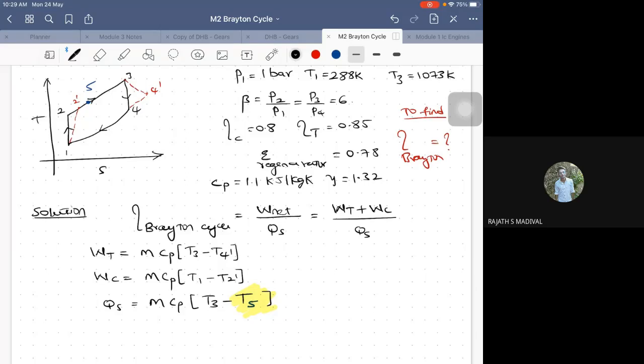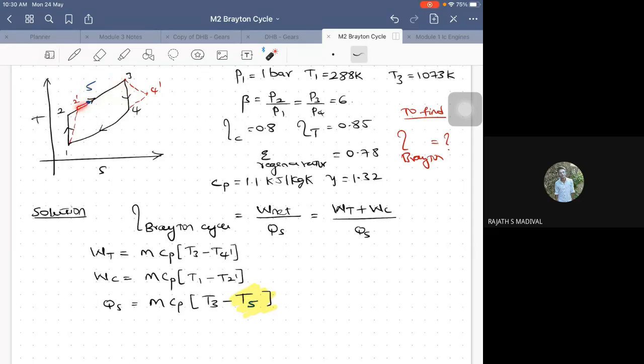So you were all right in saying that generally, what we used to take during the heat supplied, we used to take from T3 to T2 dash, isn't it? Whatever the heat is supplied, we were accounting from T3 to T2 dash. But because of the regeneration, you have to just take from T5 to T3, because this T2 dash to 5 is there.